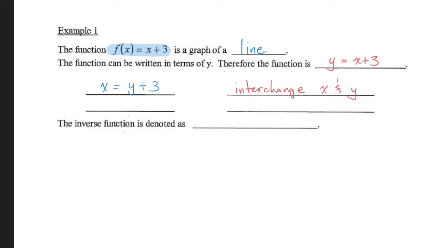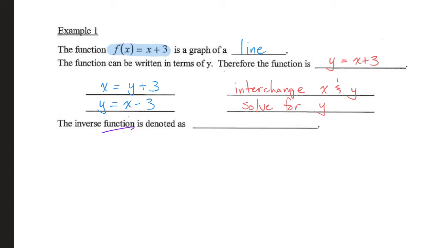Now what we want to do is express that in a certain form. So everything we're going to do after that is to solve for y. Let's get the y all by itself. We should be pretty quick to get to y equals x minus 3. And so what we can do then is label that as an inverse.